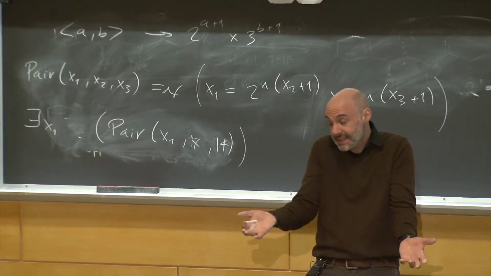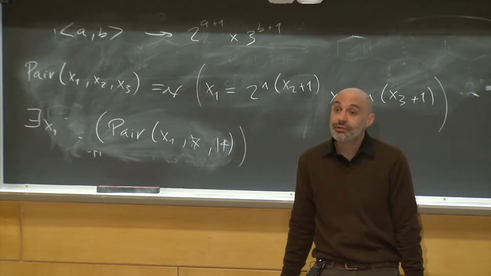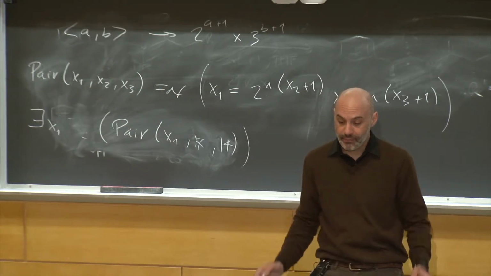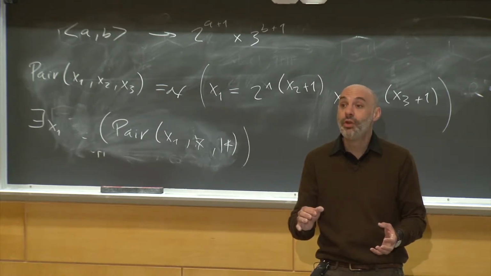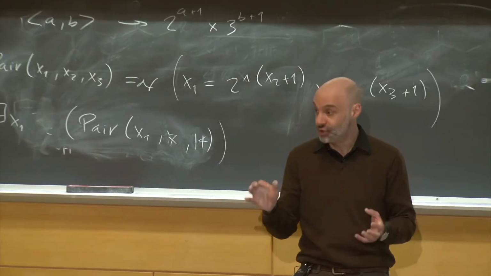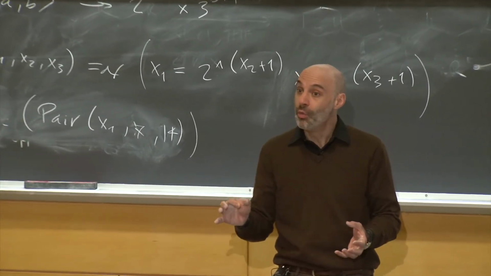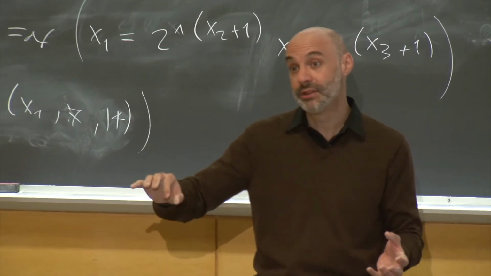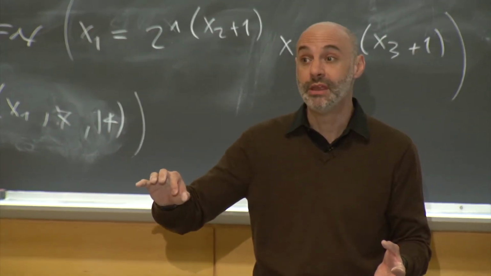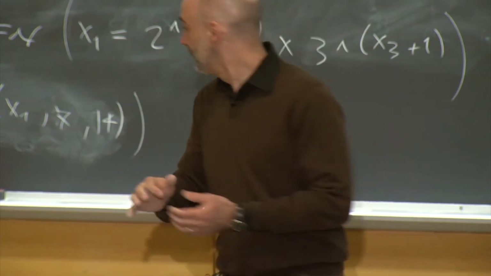There are different ways of doing it, but one trick that I like is based on the following observation. Suppose that I give you an arbitrary number bigger than 2. One thing you can do is you can factor it. And by the fundamental theorem of arithmetic, there's going to be a unique factorization.